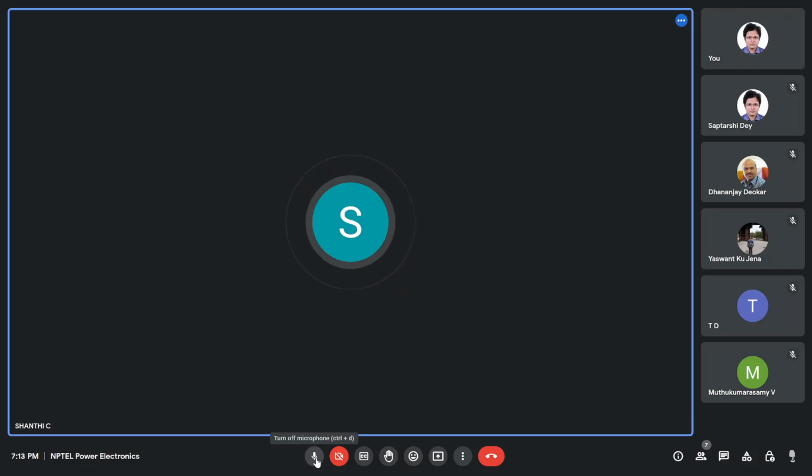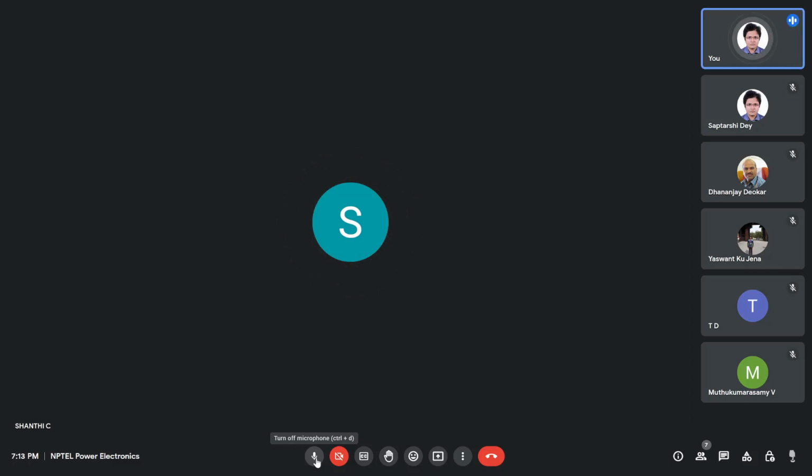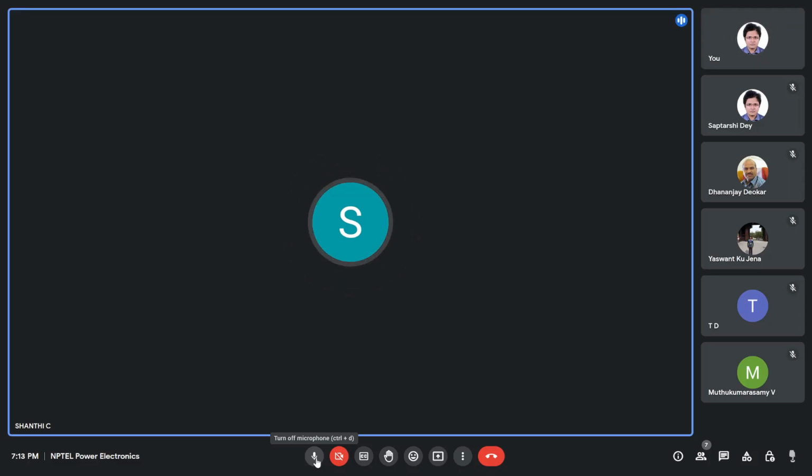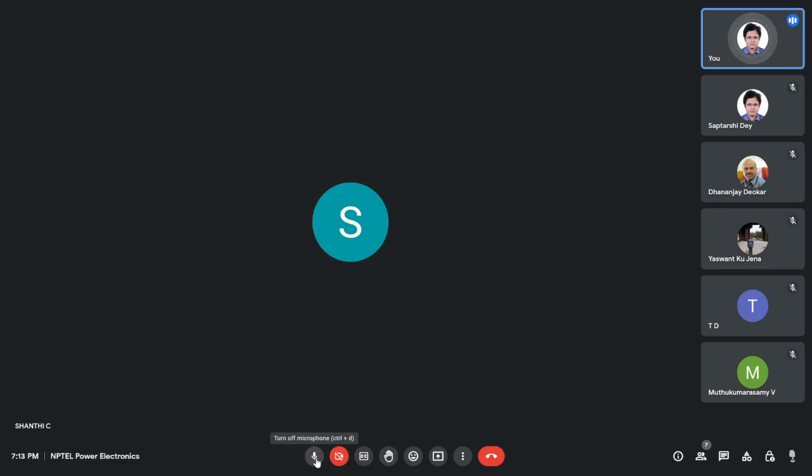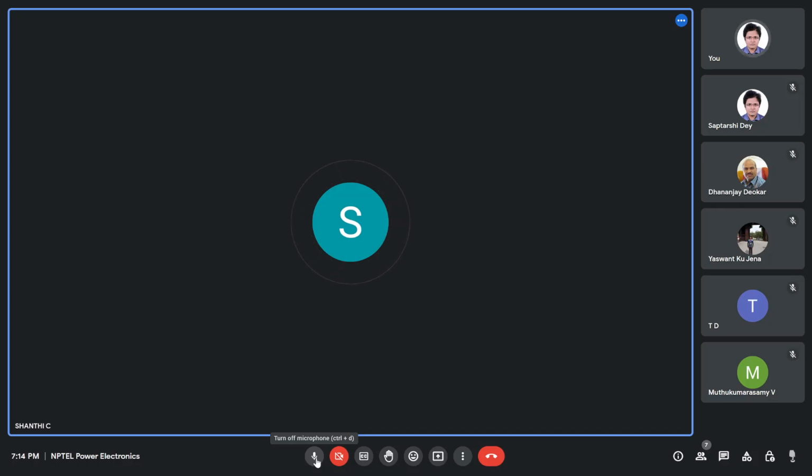When the peak current through the diode, that is the input current. I am not able to understand the question properly. 230 volt power supply, resistive load 100 ohm, power factor in a full bridge rectifier without any filter when the peak current is 5 ampere. So is the circuit like this? Let me first confirm about it.